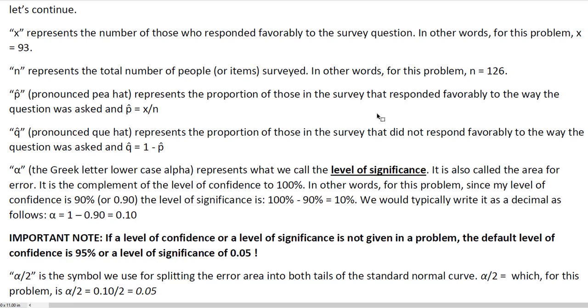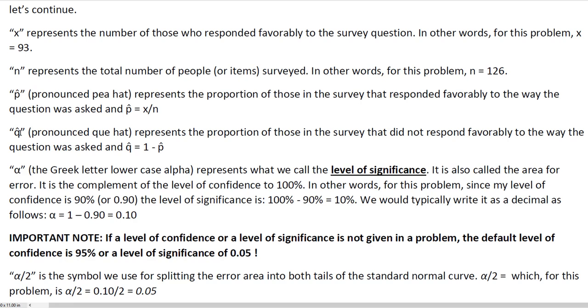That represents the proportion of those in the survey that responded favorably to the way the question was asked. And p hat always equals the number of people who responded favorably divided by the total number of people that were asked the question in the survey.